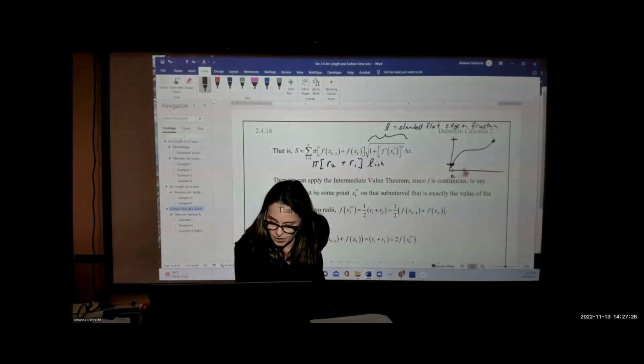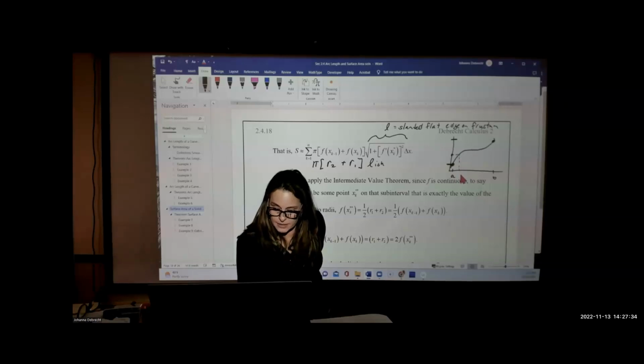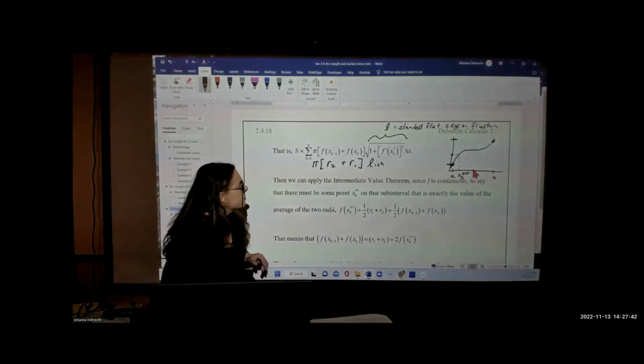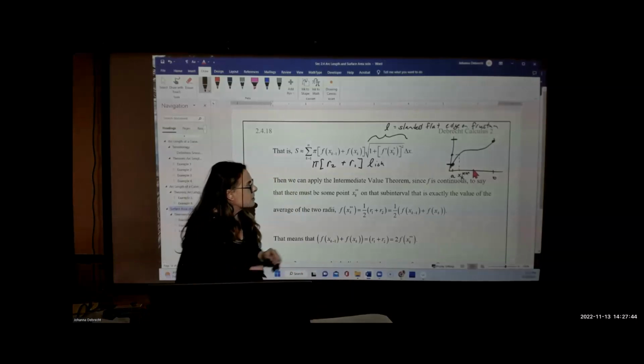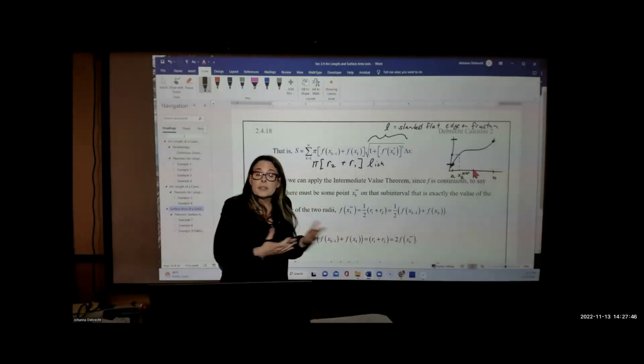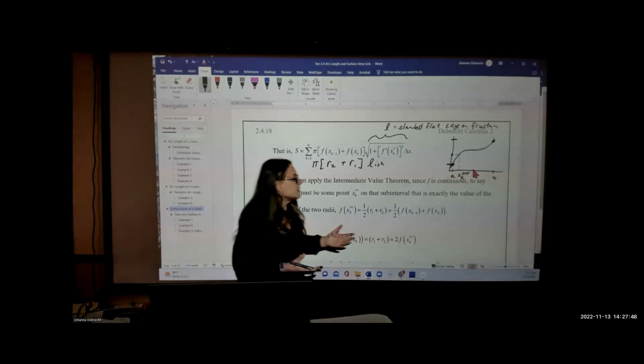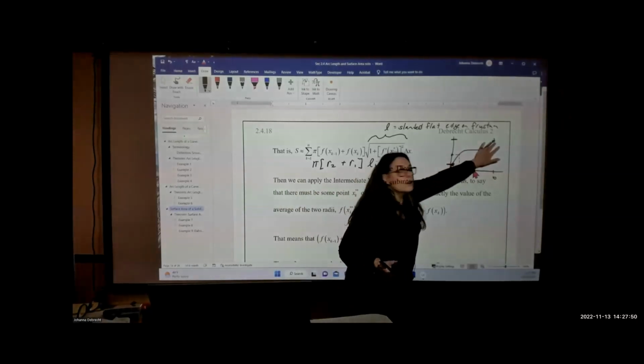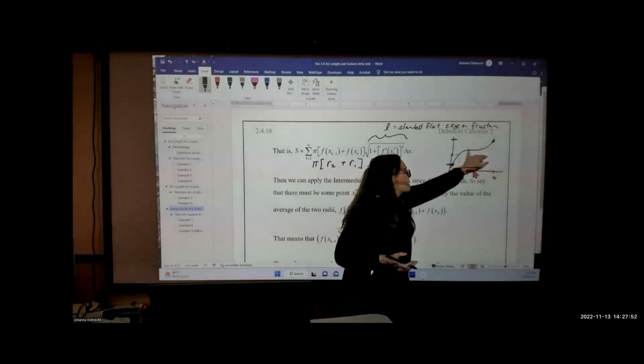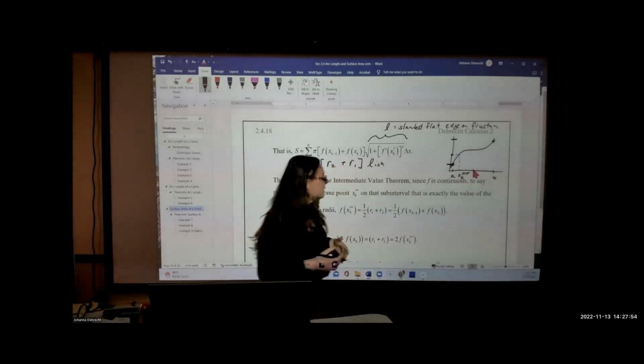So again, this is our A and this is our B. So if I want this value right here, there has to be some special spot right there, which we're going to call x sub k double star, since I've already got a star for the arc length. There has to be a place like that because it's continuous. You can't get from here to here with a continuous curve without hitting every y value in between.